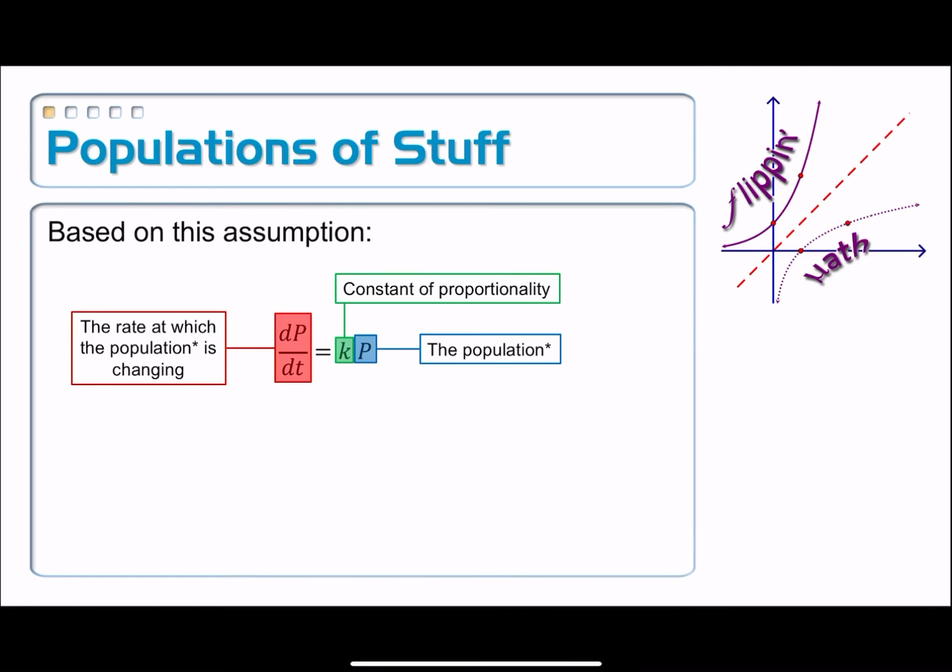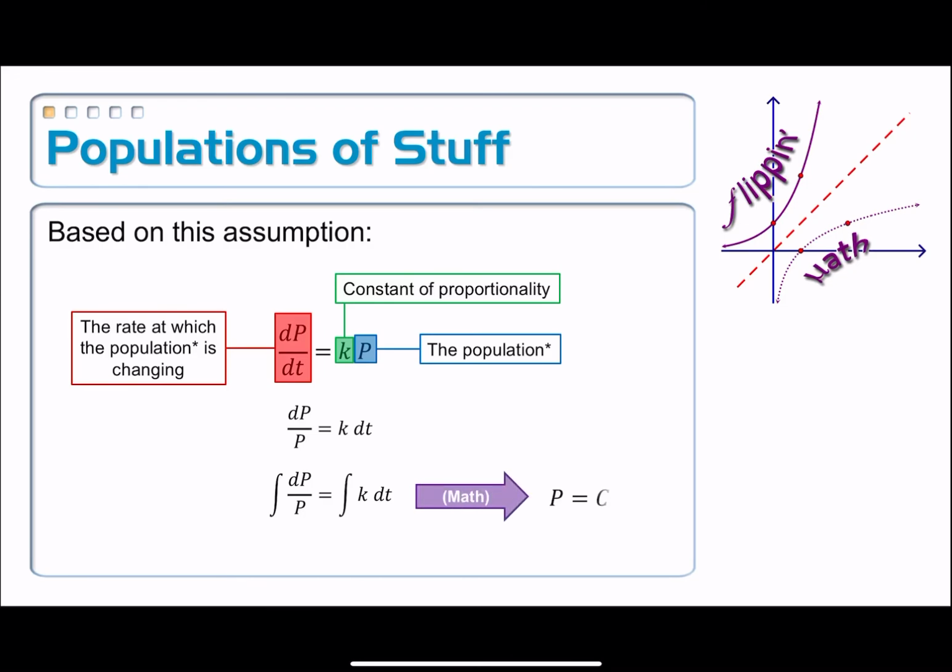Okay, so now I want to solve this differential equation. And the first step that I do in solving differential equations is to separate the variables. So I've got to get the P over to the left side, and the dt belongs over on the right-hand side. And we keep the k over there with the dt just because it's going to be easier to integrate that way. And then I take the integral of both sides of this thing.